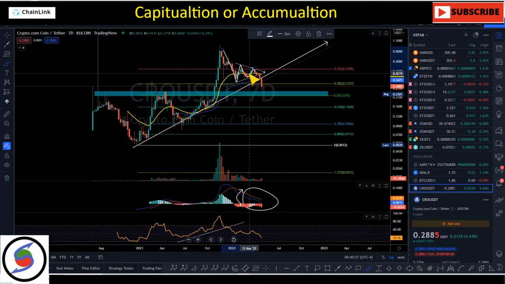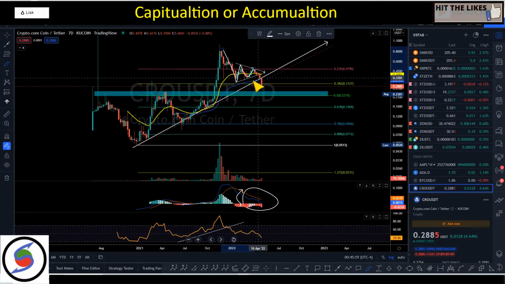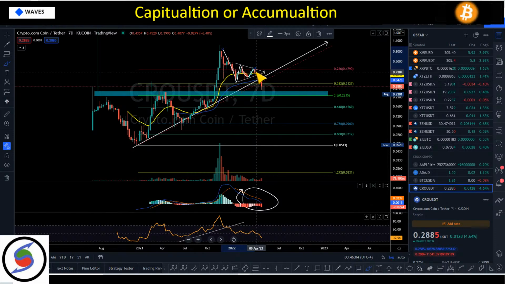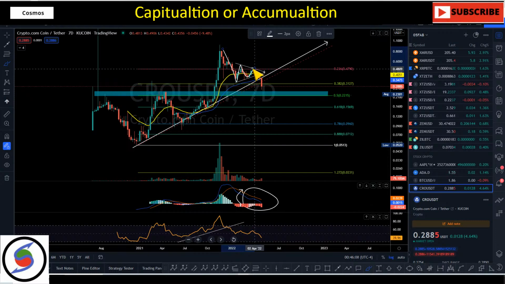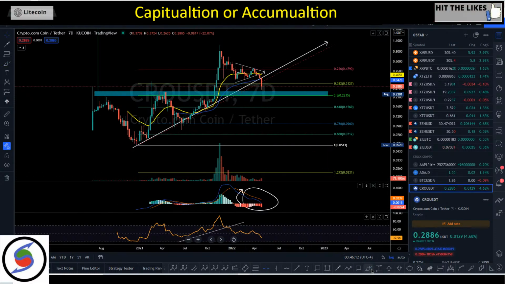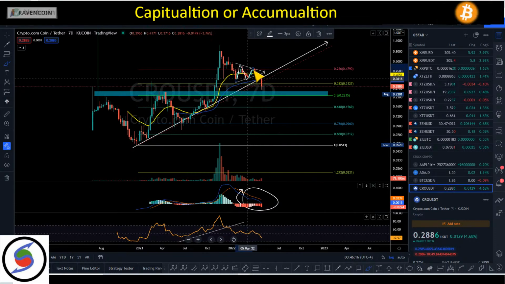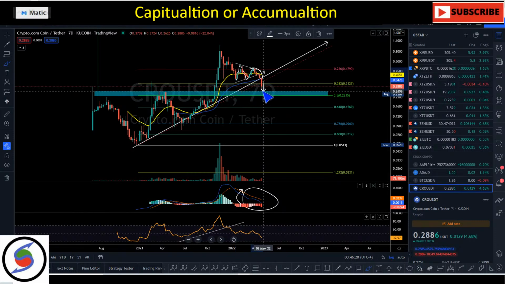It created a nice flat correction in a triangular formation. What I'm trying to say is, you got a flat correction printed in a triangular formation, so you could look at it internally. And the move is basically a textbook.